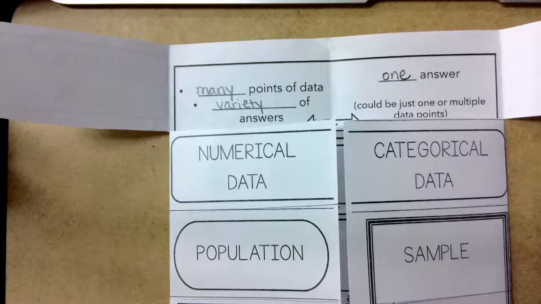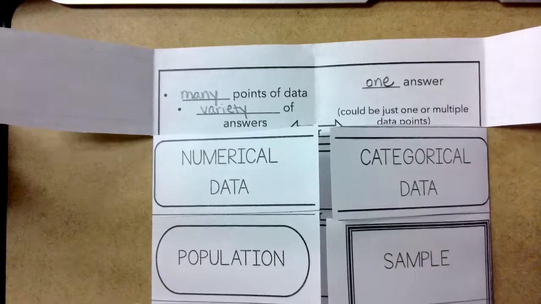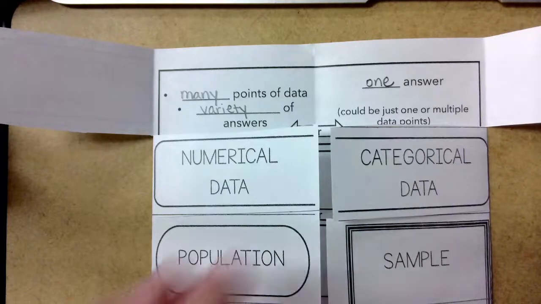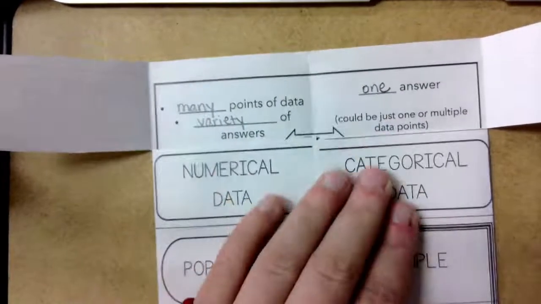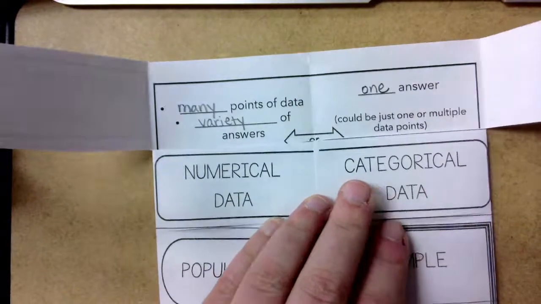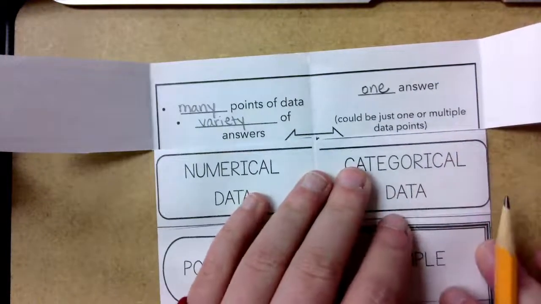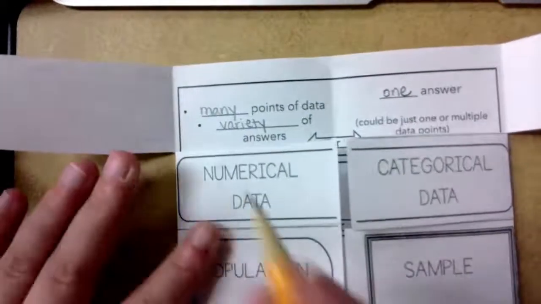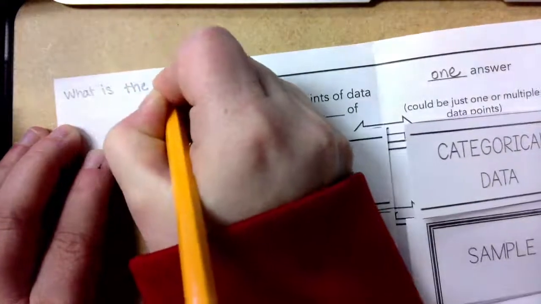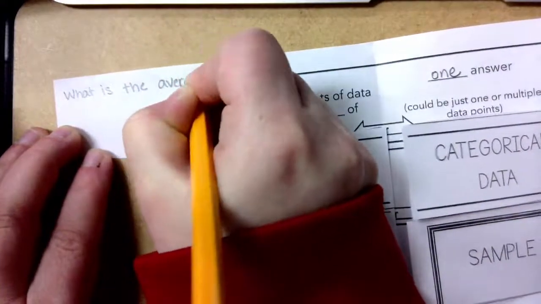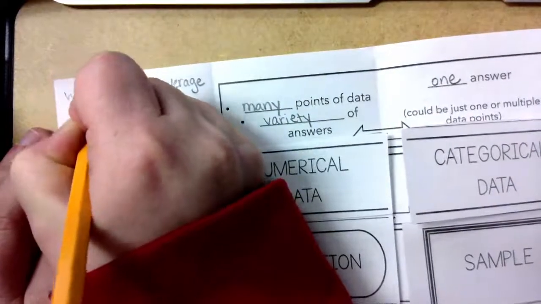We need multiple answers. So, for example, statistical would be, what is the average temperature in St. Cloud, Minnesota, the last month? And I'm going to zoom in.